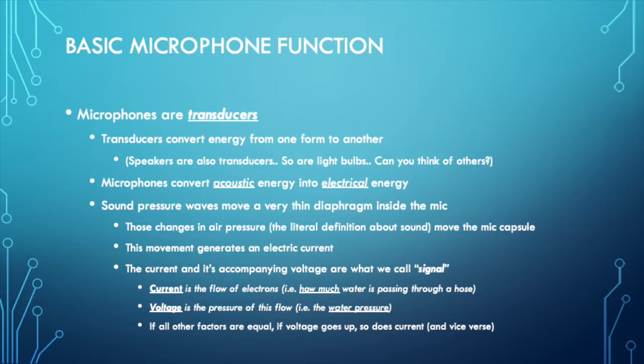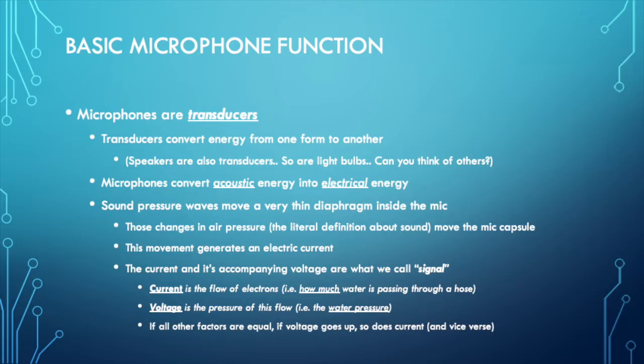And we talked briefly last week about Ohm's law. That tells us that the voltage is equal to the current times the resistance in a circuit. So what that tells us is that if there's no change in the resistance, then voltage and current are directly proportional.